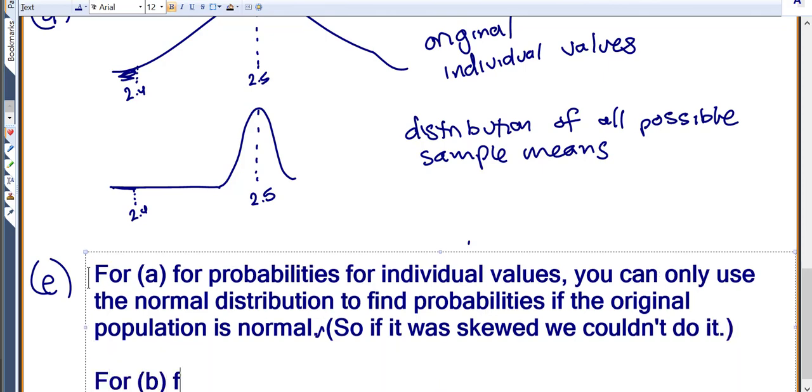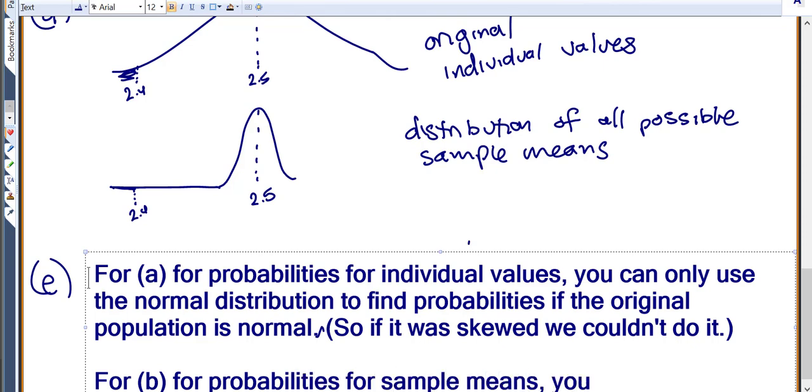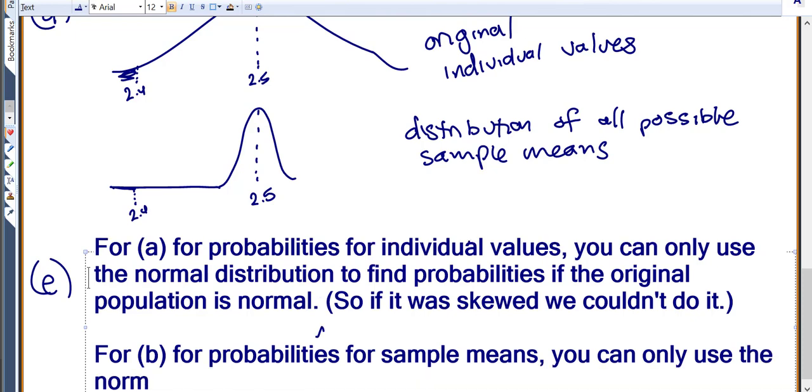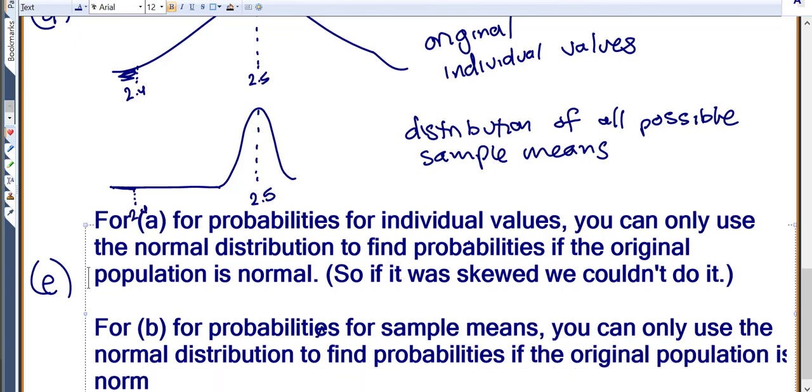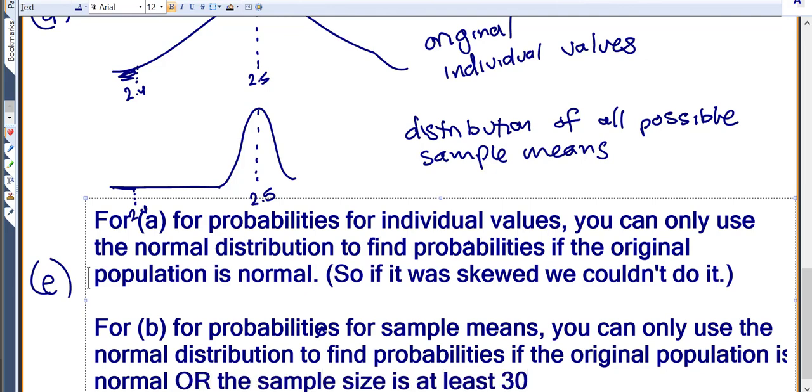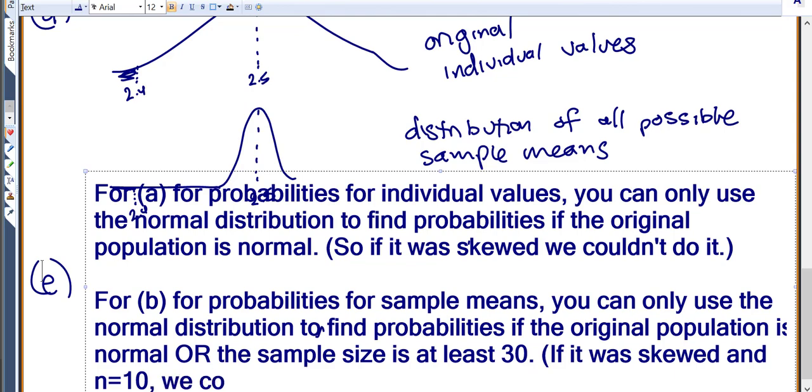For B, for probabilities for sample means, you can only use the normal distribution to find probabilities if the original population is normal or the sample size is at least 30. But in our case, if it was skewed and n is only equal to 10, we couldn't do it. We would have to use some other technique.